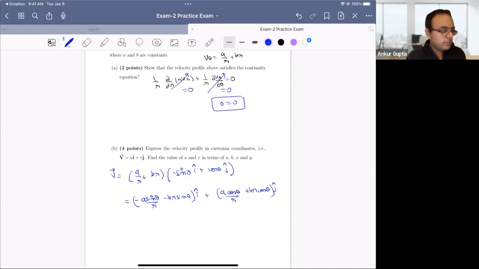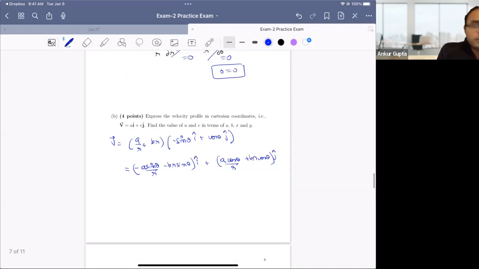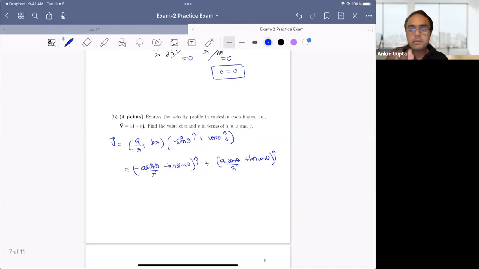Okay. And this is not very difficult, but we know that sine theta is essentially y by r, so it will become y by r square. And I want to express this in terms of a, b, x, and y.